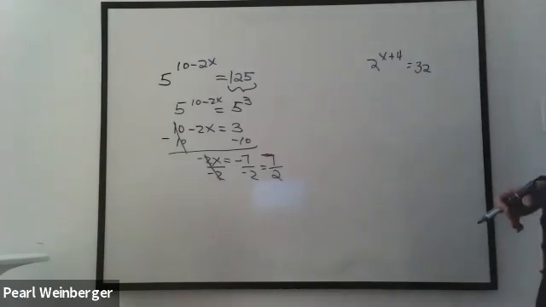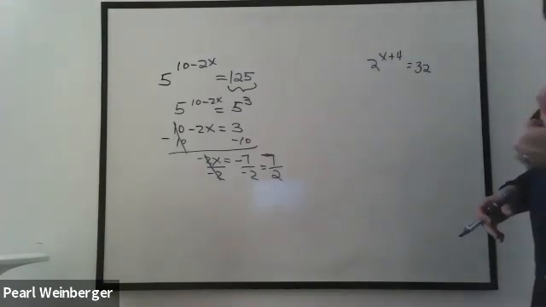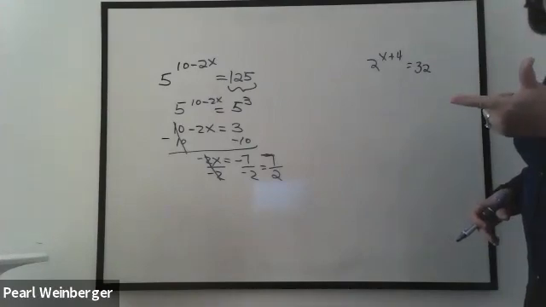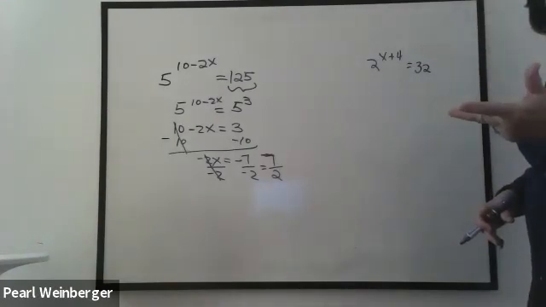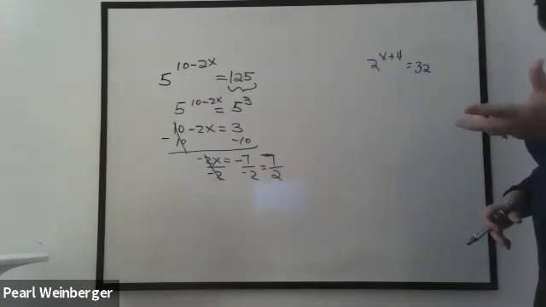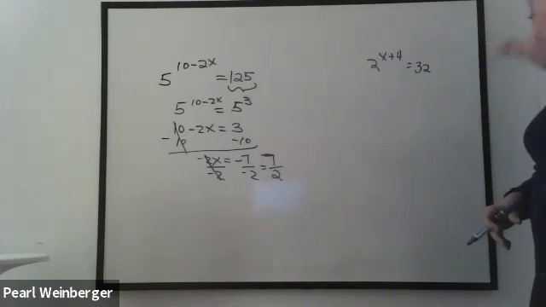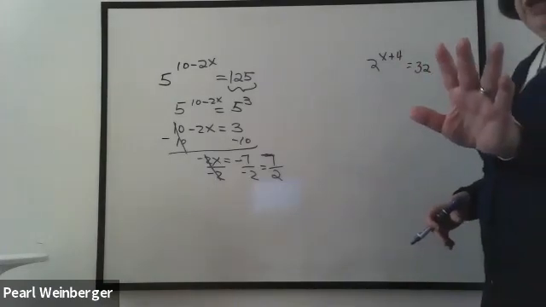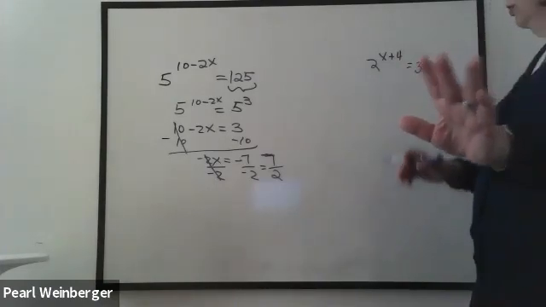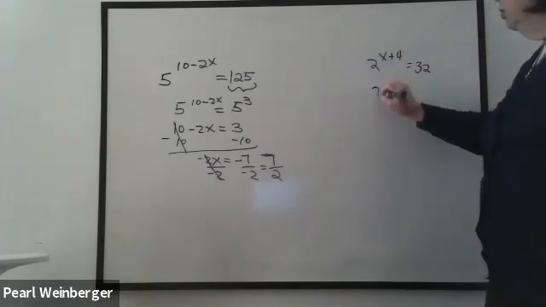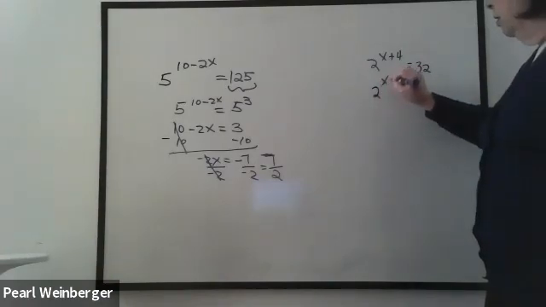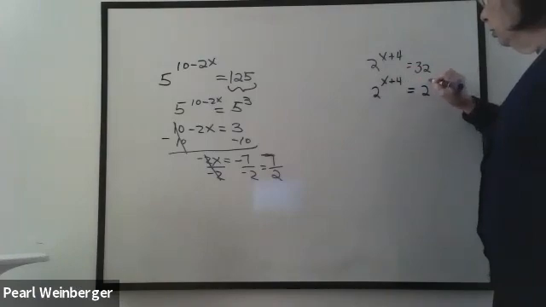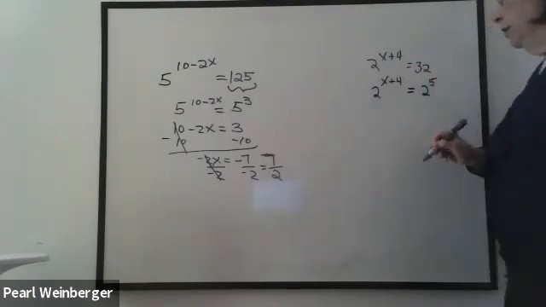So let's see. 32 is 2 times 2 is 4 times 2 is 8 times 2 is 16 times 2 is 32. In other words, I had to multiply 2 5 times in order to get 32. So it turns out that 32 could really be written as 2 to the 5th power.